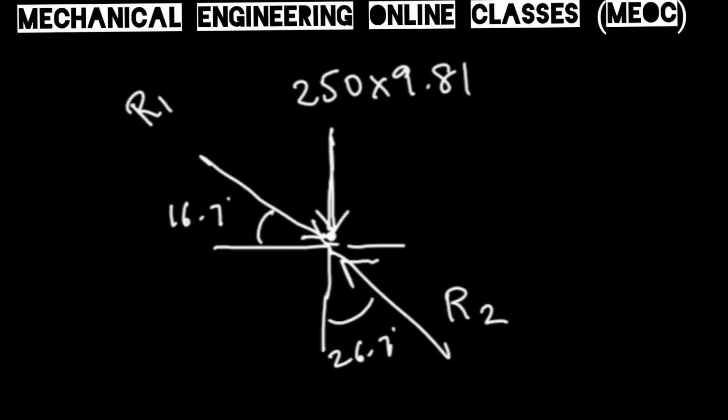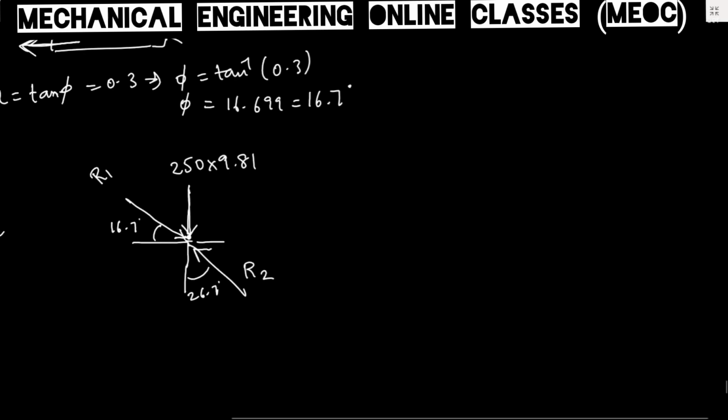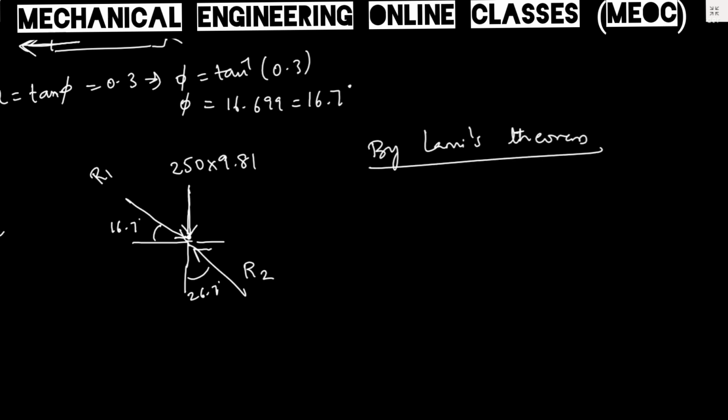So we are ready with all the 3 forces acting through the same point. They are all concurrent and there are only 3 in number. So now we can apply Lami's theorem. It is for this reason that we have found R, we have written n and mu n in terms of R, because ultimately we are getting only 3 forces. So we can easily apply Lami's theorem. So by Lami's theorem we can find R1 and R2.